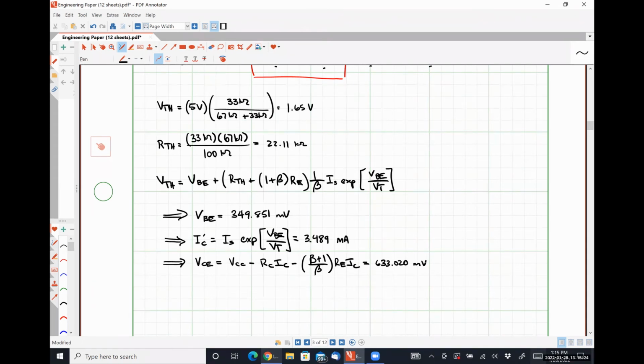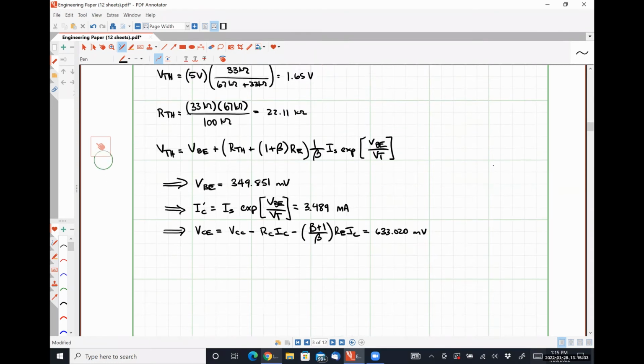So now that we have a well-established DC operating point, we are good to go in determining our small signal parameters, right? Our transconductance, IC over VT, is 134.208 millisiemens, or we could call that milliamperes per volt, if we felt like it.